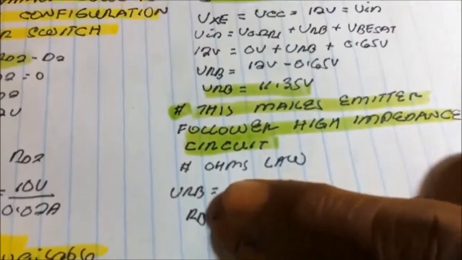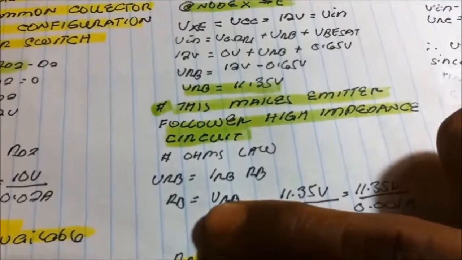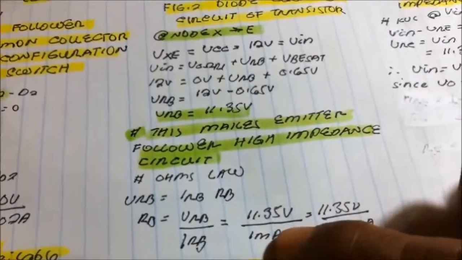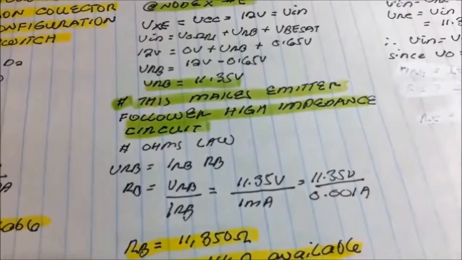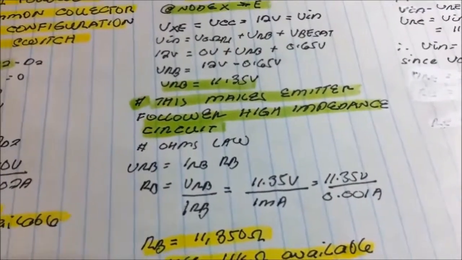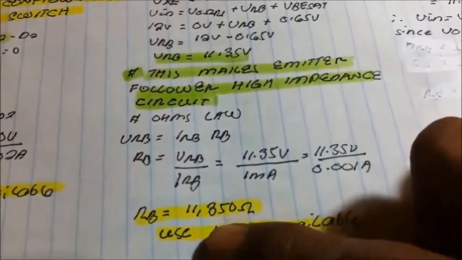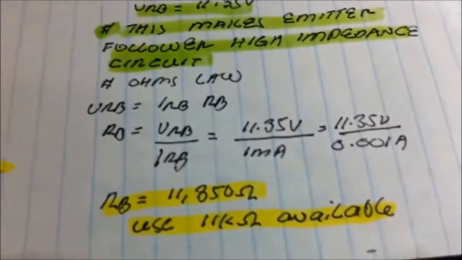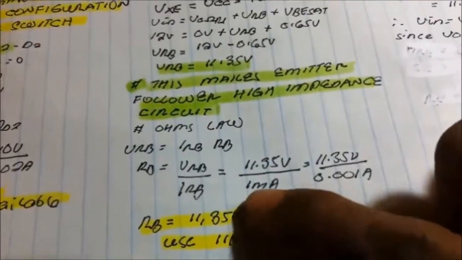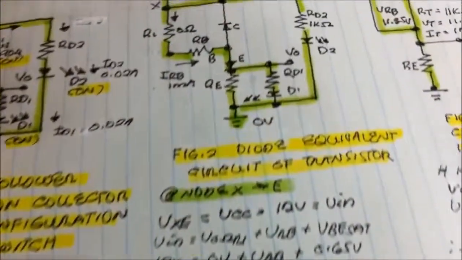So in here, using Ohm's law, we get RB is, what is this? 11.35 volts over 1 milliamp, 11,350 ohms. Okay, 11 kilo ohms available. Where did we get this 1 milliampere?